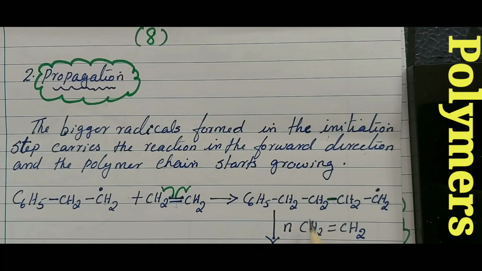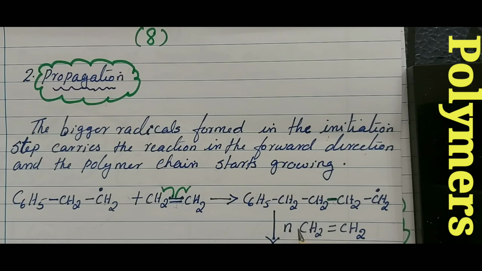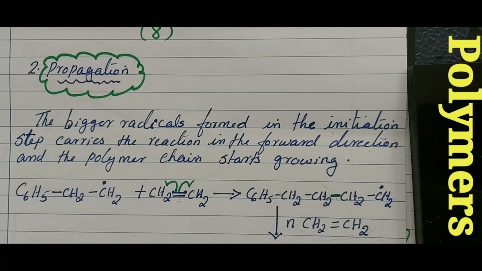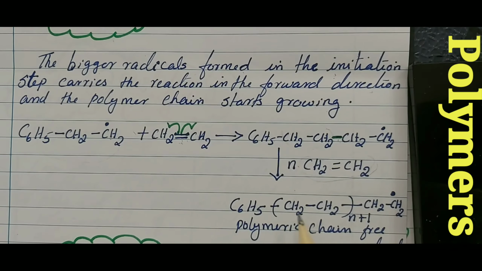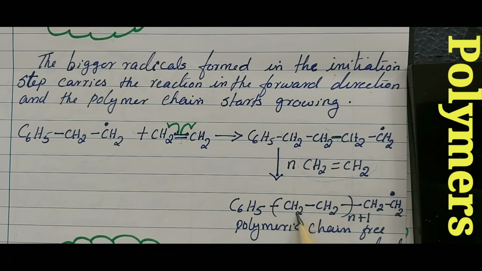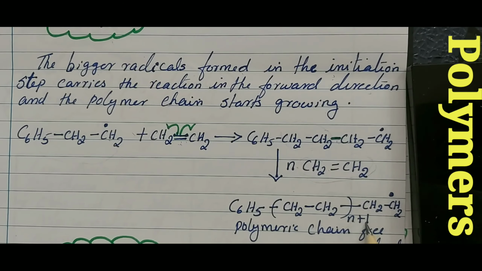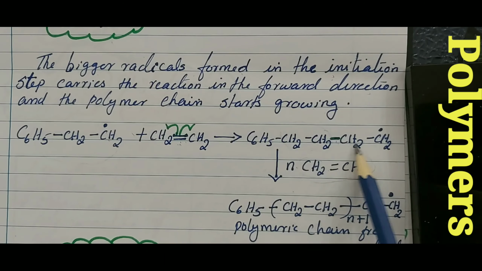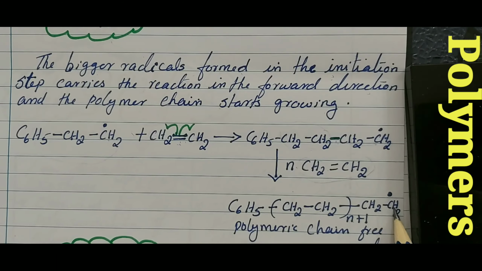So the total CH2 single bond CH2 will be n plus 1 times, because already one CH2 is here and n number of moles of CH2 double bond CH2 are here. So total n plus 1. That's what I wrote here. You can see CH2 double bond CH2 is added to this. So CH2 single bond CH2, n plus 1 times, and this is our CH2 single bond CH2 dot.